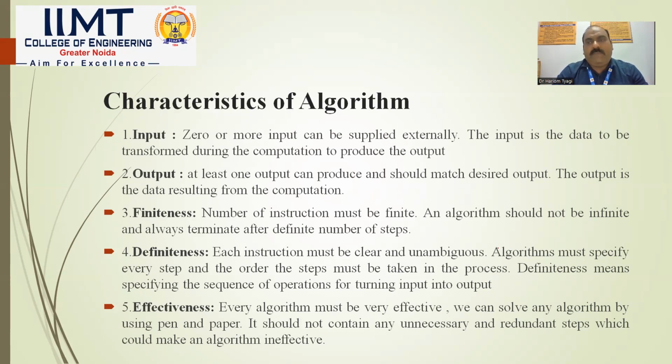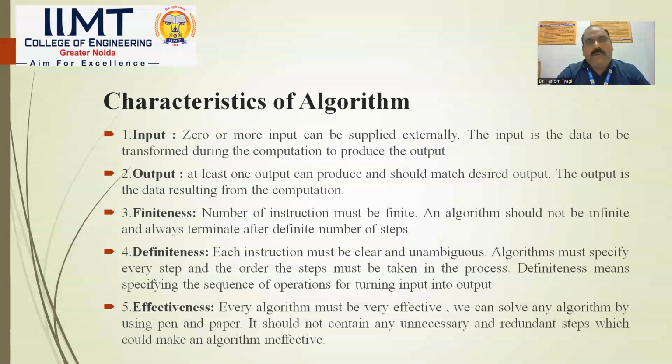After that, definiteness means each instruction of an algorithm must be unambiguous and must be clear. Means if we want to find the sum of two numbers a and b, and c equal to a plus b, and in the next step you put only c.